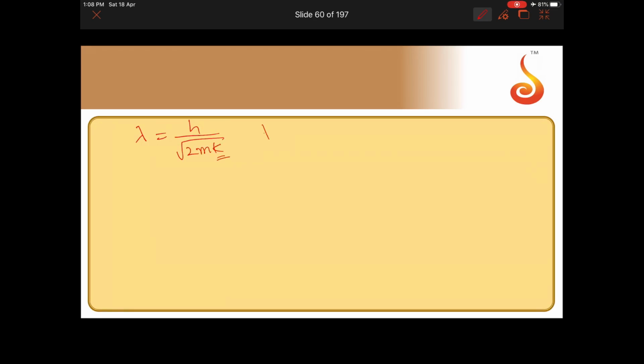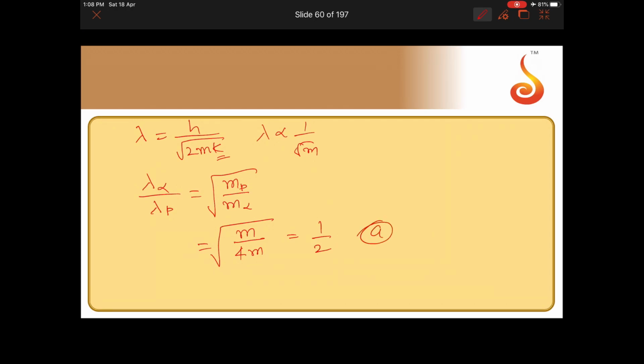So when kinetic energy is constant, lambda is inversely proportional to root m. So you need to find lambda alpha by lambda p, that is equal to root of mp by m alpha. So that should be root of mp is, let us say it is m, then m alpha is 4m. So that will become 1 by 2. That is option A.